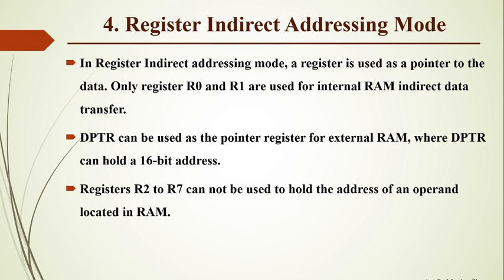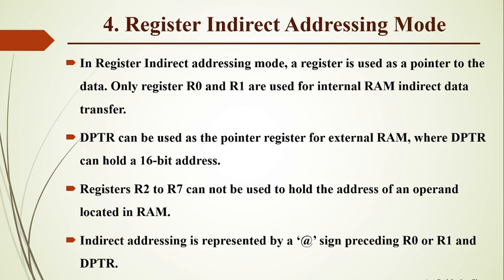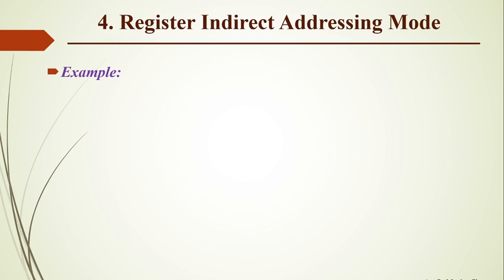Registers R2 to R7 cannot be used to hold the addresses of an operand located in RAM. Only R0 and R1 are used. Indirect addressing is represented by an @ sign preceding R0, R1 or DPTR. So let's see the example.